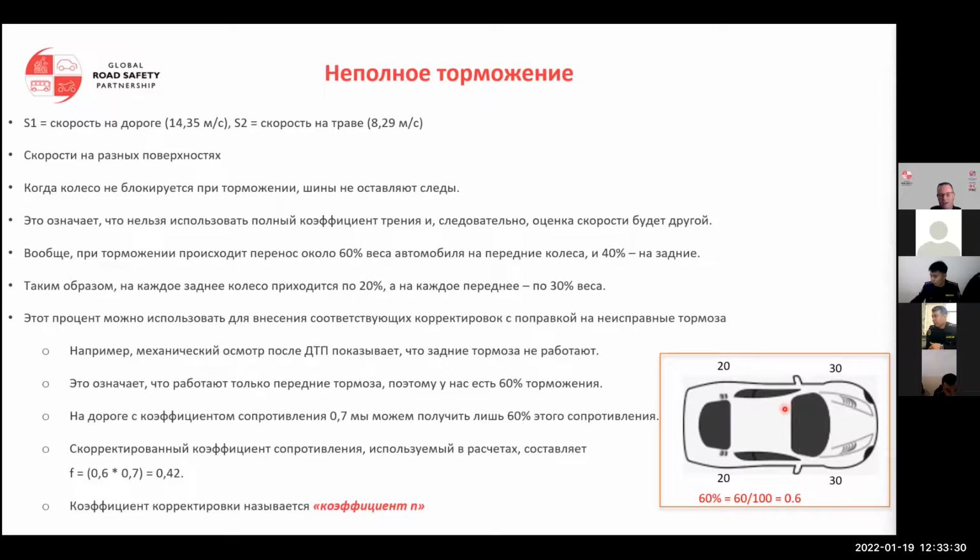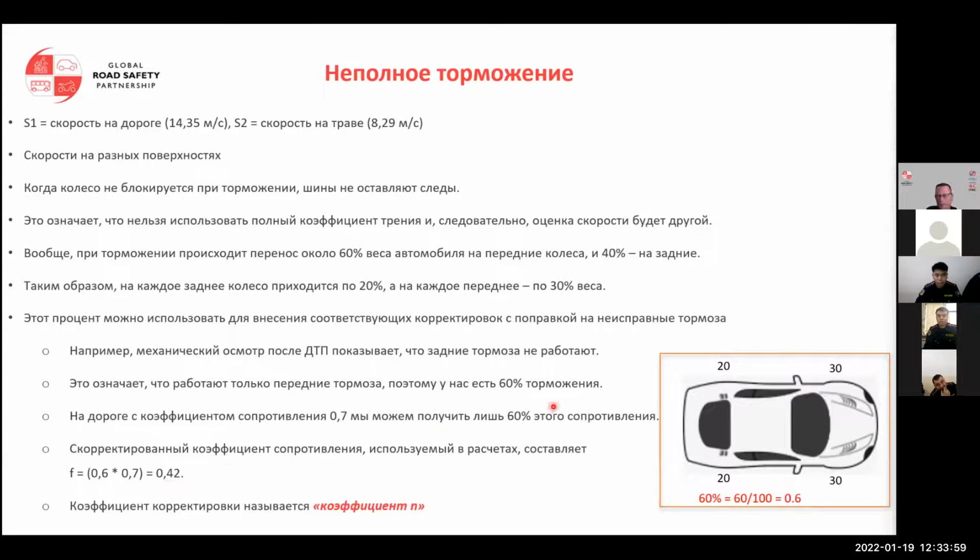That means that if this car has left a skid and it's only the front brakes that are working, it's only been able to give you 60% of the possible braking. So it's only using 60% of the available drag factor. So we need to adjust it. And we have a term for adjusting the drag factor. Any number that we use to adjust the drag factor is called an N factor.